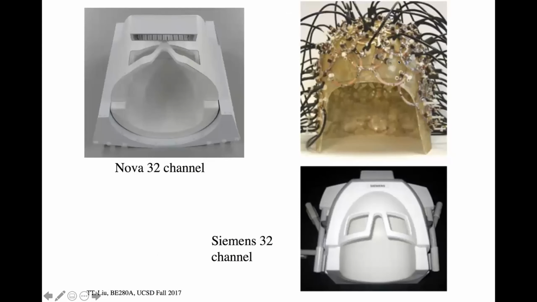Here's an example of a receiver coil for doing brain imaging, in which it's a composite of a whole bunch of smaller little rings. And each one of these little rings is a separate coil. It has a field of view in front of it that is fairly local. And so this coil really doesn't care about what's going on in the back of this person's head. This coil will pick that up.